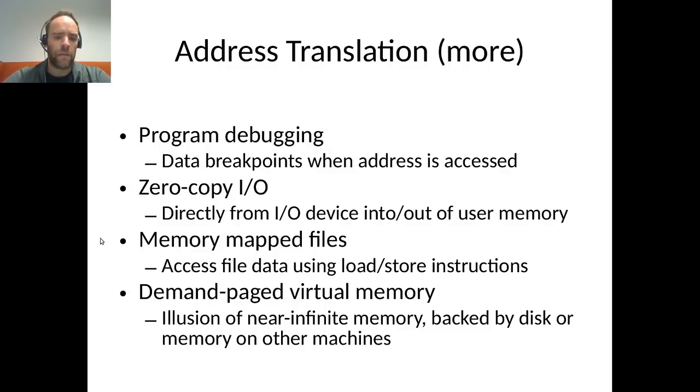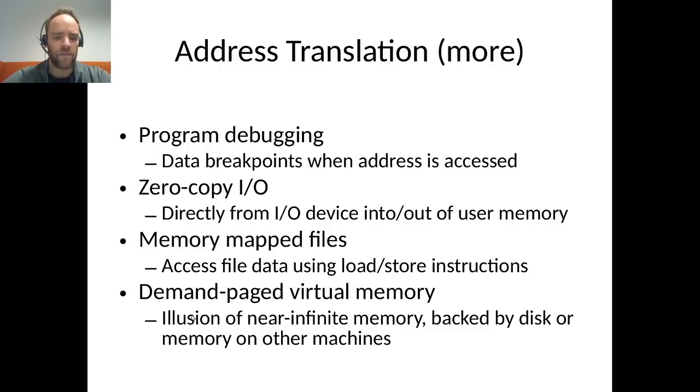Similarly with memory mapped files, if we map a file into memory, it means we are letting the kernel use the virtual memory system to dynamically load pages from that file, so that we can, for example, edit a very large file without loading the entire thing, it could be like an 8 GB video or something. We could be editing that video without loading the entire video into main memory. So memory mapping is a very useful tool that's enabled by virtual memory and address translation.